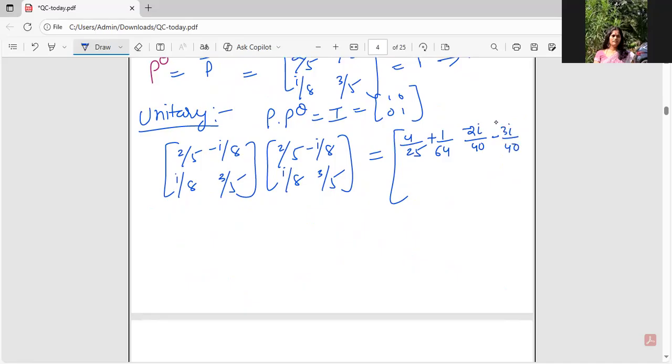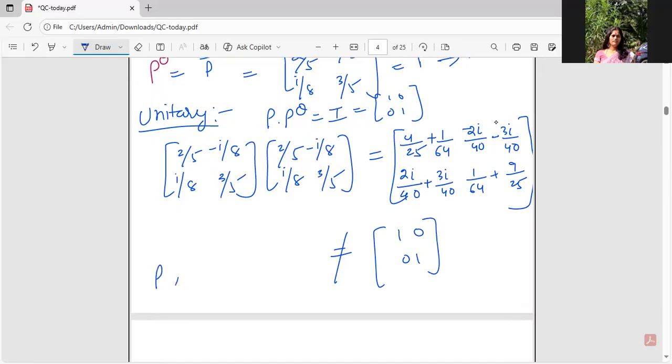Yeah, 2i by 8, 5 is 40, plus 3i by 40 again. Okay, next. i into i is, minus into minus is plus 1 by 8, 8 is 64. And then plus 9 by 25. Anyways, I can clearly see it doesn't turn out to be 1001.